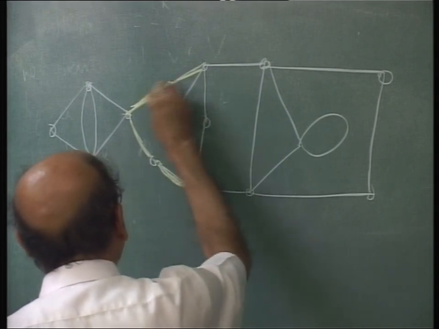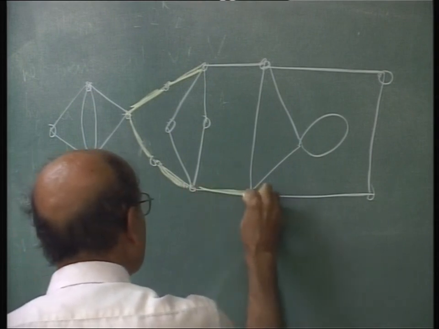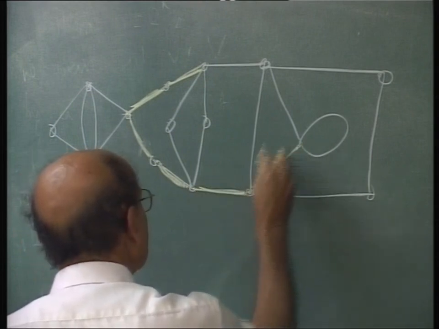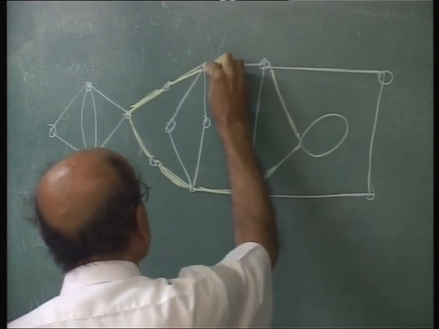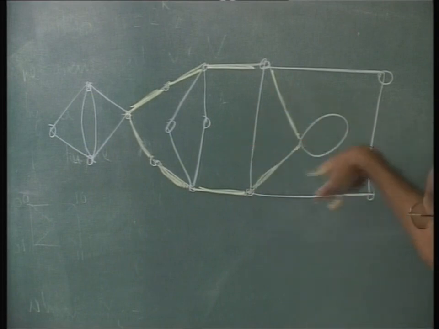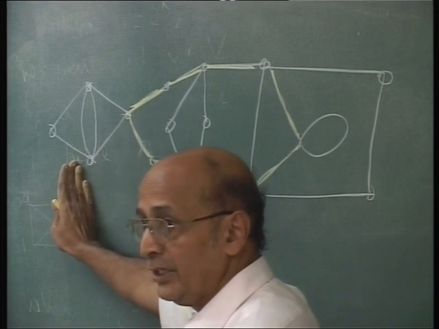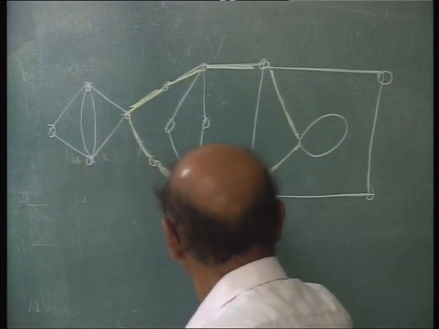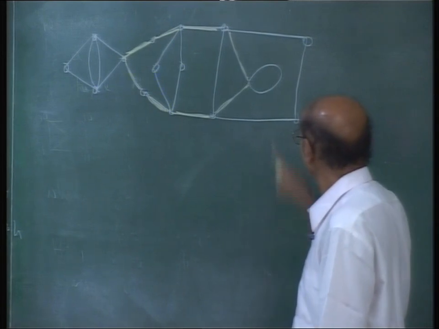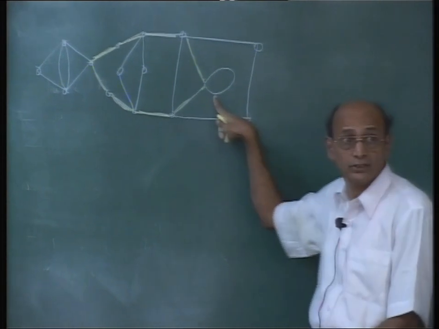The yellow edges are on the cycle. If the yellow part is gone, this really gets divided into components. So H has components. One component is this left part here. This is the other component. That squarish thing is the third component, and that is the fourth component.